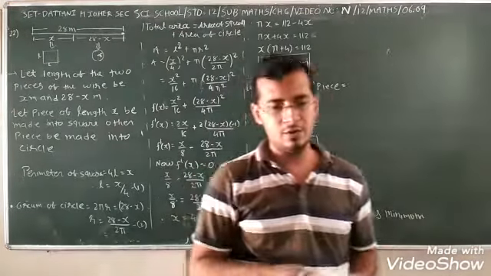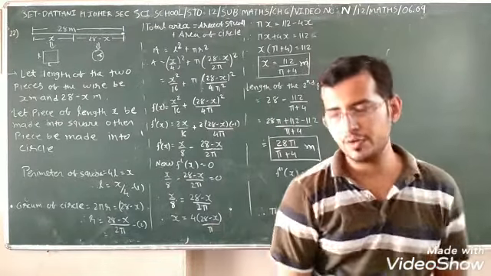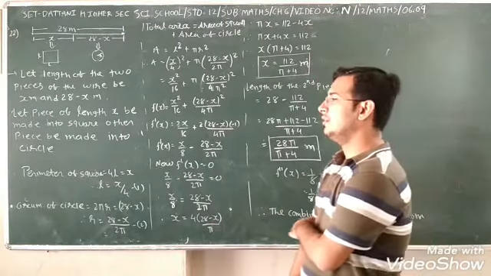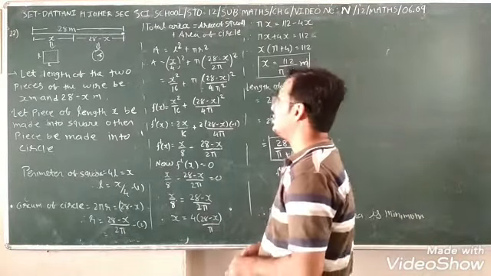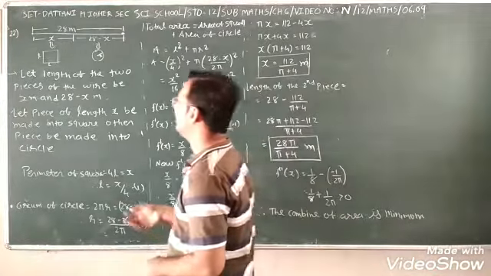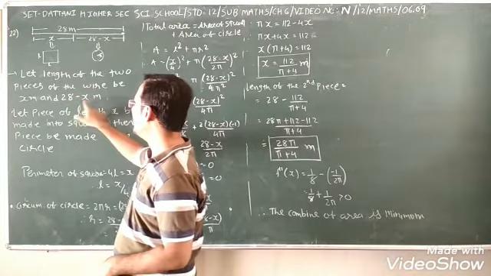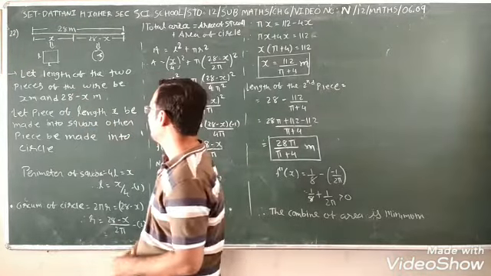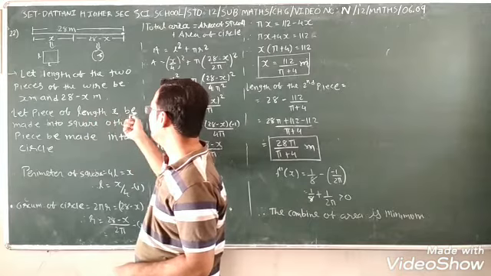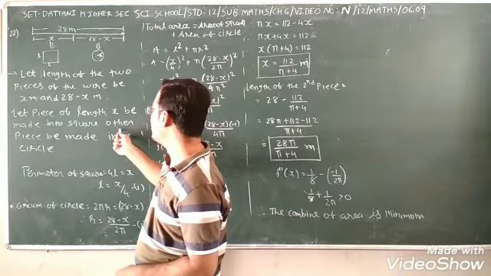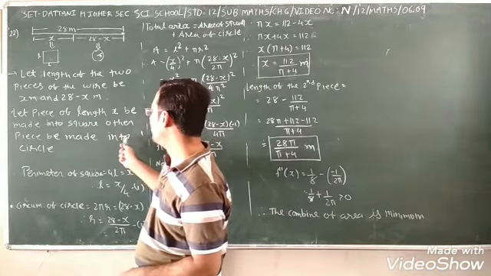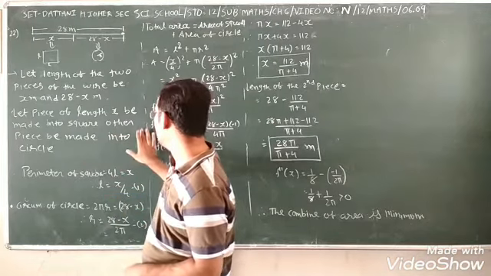So we have to find the derivative, and the second derivative should be greater than 0. Okay, let's start. First we assume that the lengths of the two pieces of the wire are x and 28 minus x. Let the piece of length x be made into a square and the other piece into a circle.